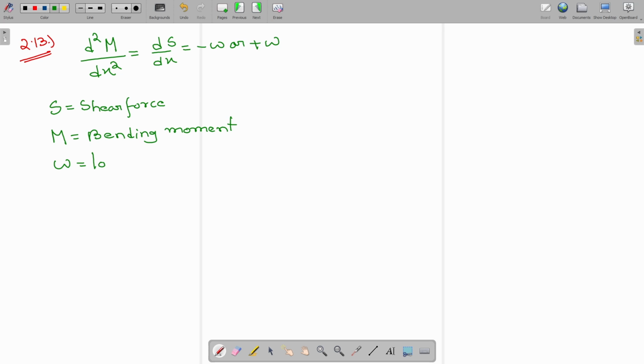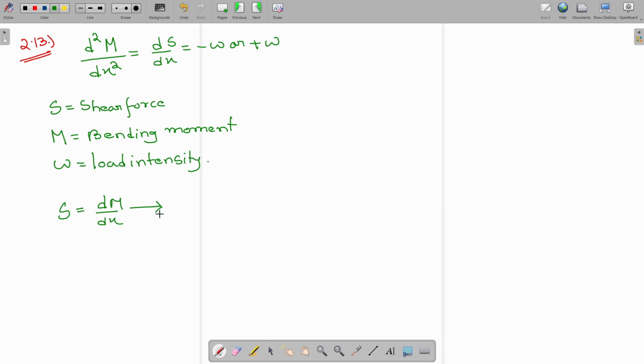W is the load intensity. Now from this we can write shear force S is equal to dM/dx.